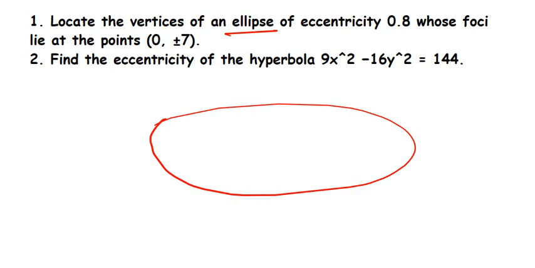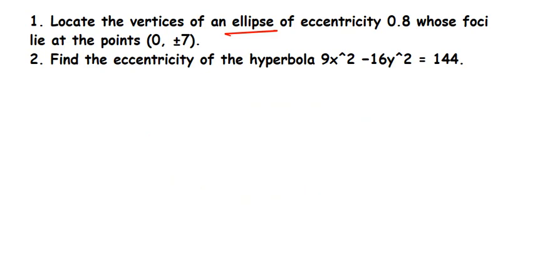So how do I know that this ellipse is longer along the y-axis? Based on the fact that we are told the foci are at 0, plus or minus 7; the 7 is the y value in this case. So it's supposed to be along the y-axis, like this.